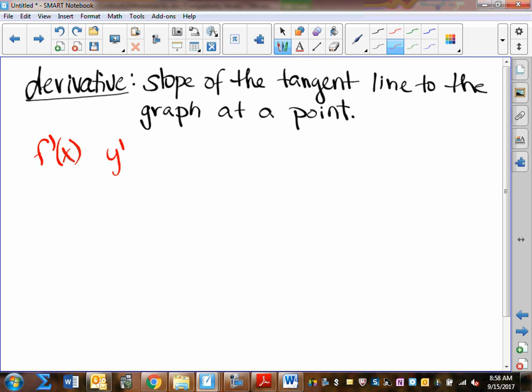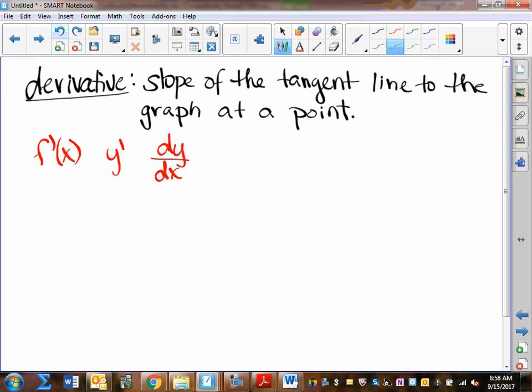Now, we also saw the notation dy/dx. In a way, this is more informative than y prime, because y prime just lets us know we're dealing with the function y, whereas here we're saying we're taking the derivative of y with respect to x, so that lets us know what variable we're taking it with respect to.